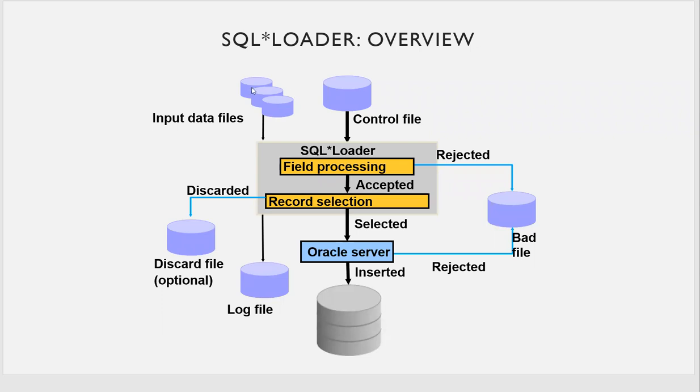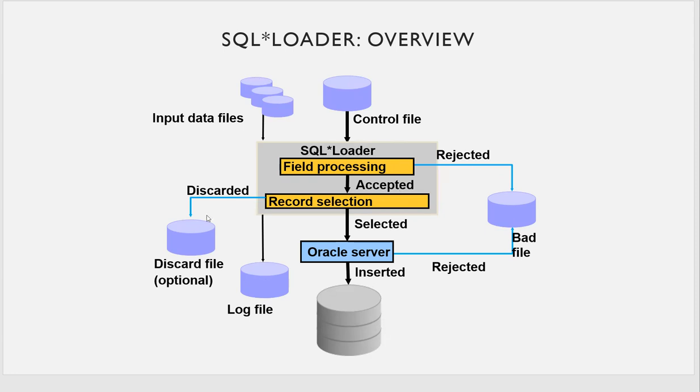Using SQL Loader, I can directly load it into my database, and I can create a control file to format this data: in which order and what the delimiters are. I mention everything, load using SQL Loader, and it will process all the applicable fields. Whichever records do not match the control file criteria, it will reject, and it will also create a log file.